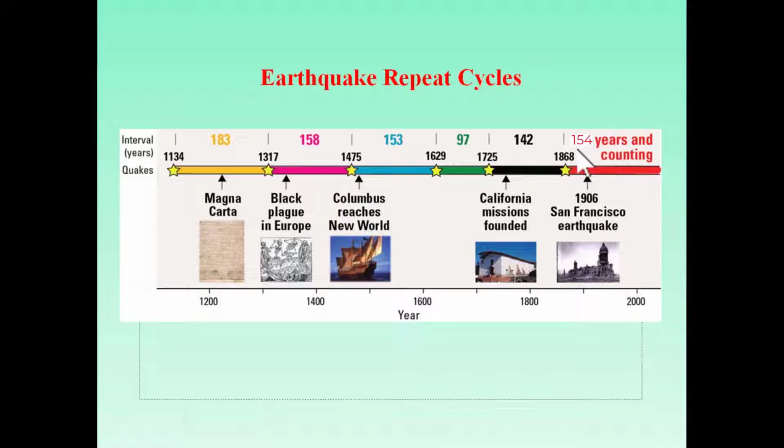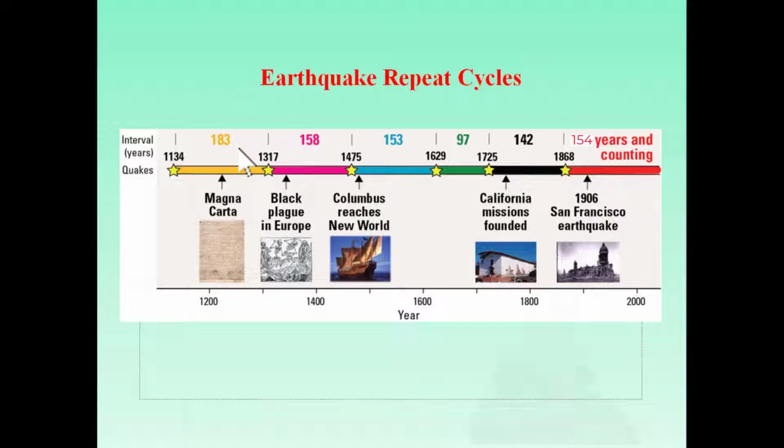So if you look at this one, this 154 years is greater than this one. So we've exceeded this time span right here. We've exceeded this time span right here. We've exceeded this time span right here. We're almost on par with this time span right here, and this one is a little bit longer.